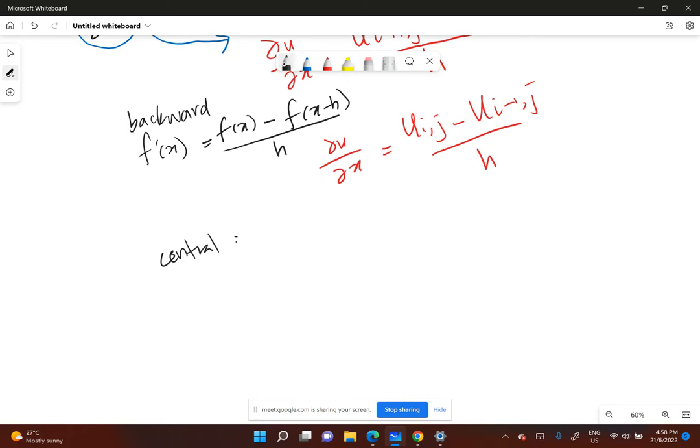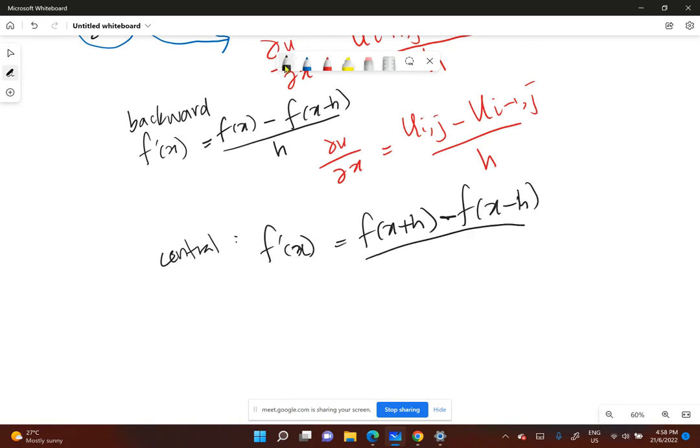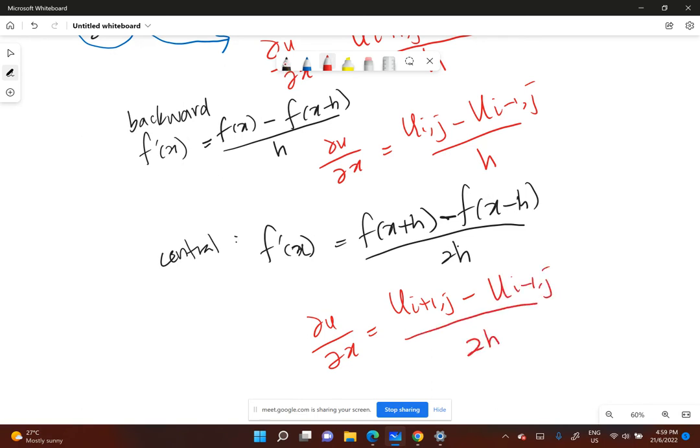So, kalau 3-point central sebelum ni, in the previous chapter, like this the formula. This is H. 2H. So now, in PDE, it becomes macam ni.